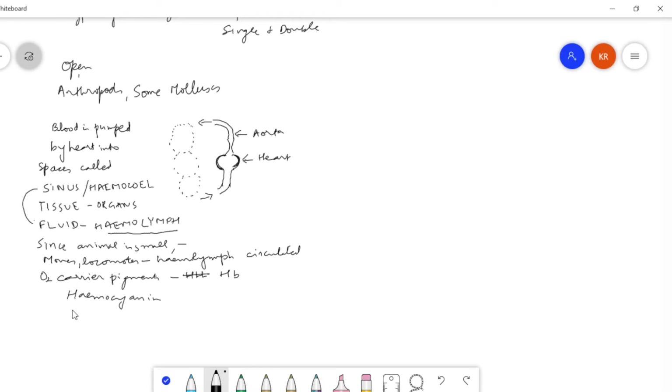In some animals, there is hemoerythrin. In some animals, there is chlorocruorin. So you can take this as an assignment to find out which animal has hemocyanin, which animal has hemoerythrin, which animals have chlorocruorin, and which animals have hemoglobin. And in some animals there is no such pigment.